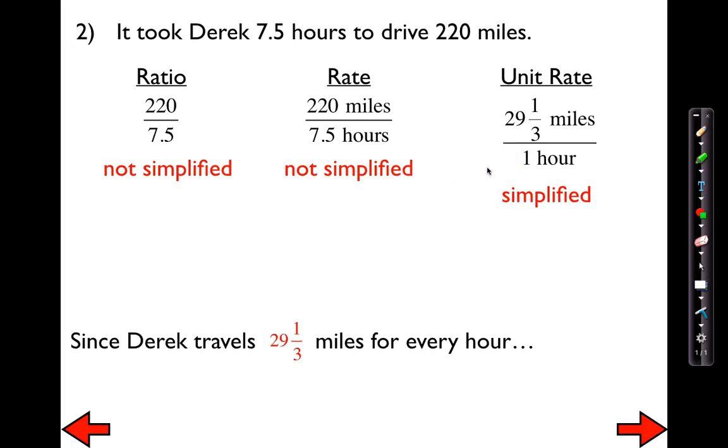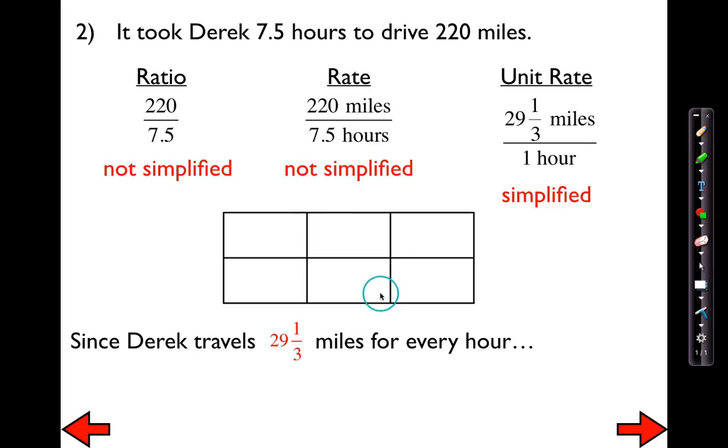So since Derek travels 29 1/3 miles for every hour, we have enough information to fill out a table. The unit rate gives us a lot of information. So I can go ahead and say, well, in 1 hour, you're going to go 29 1/3 miles. So in 3 hours, how far is that going to take you?